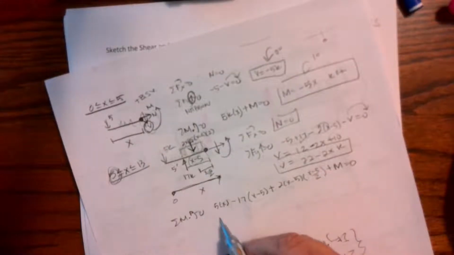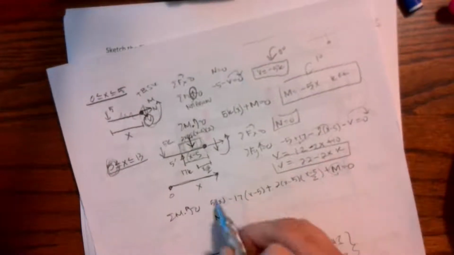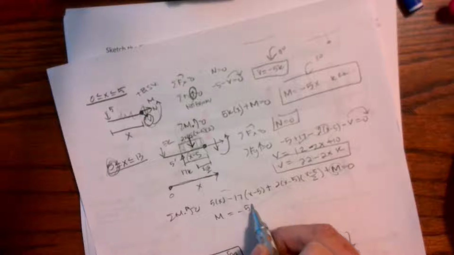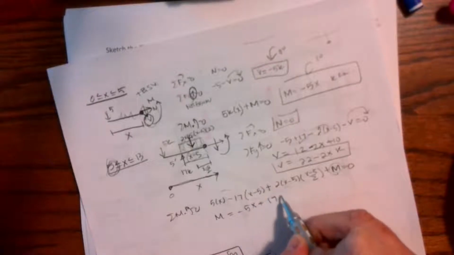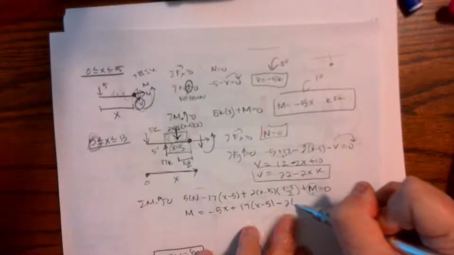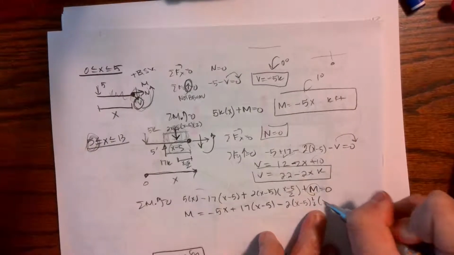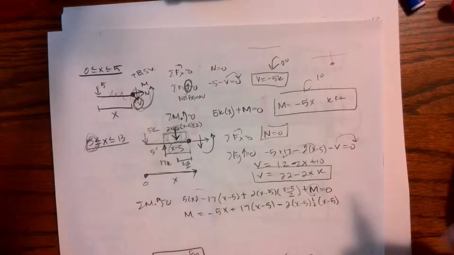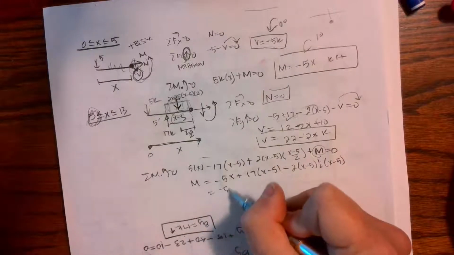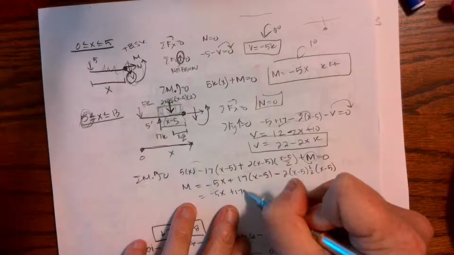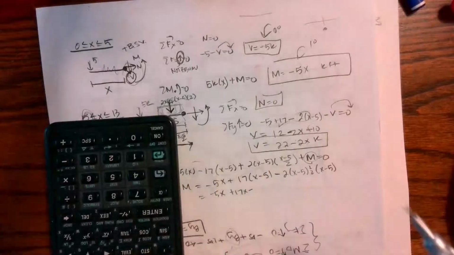So let's isolate. We're going to keep moment by itself, equals negative 5x plus 17 times x minus 5, minus 2 times x minus 5 times 1/2 times x minus 5.